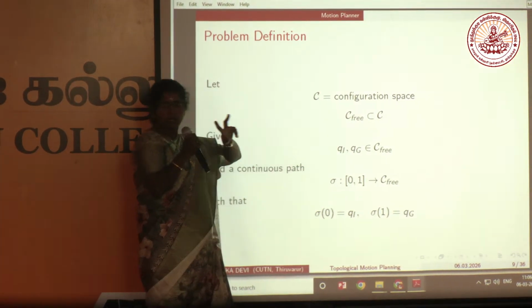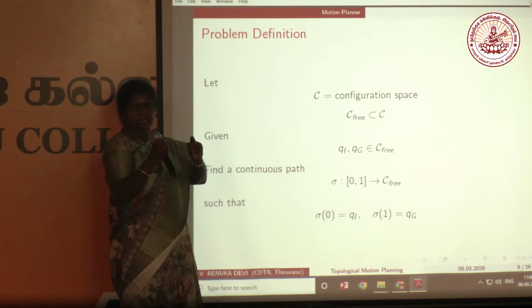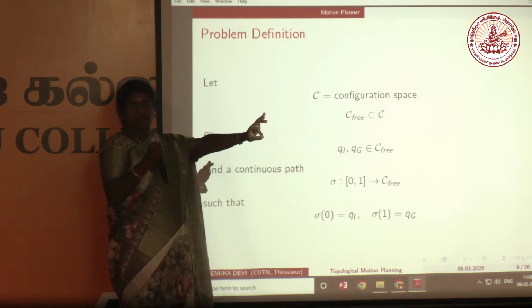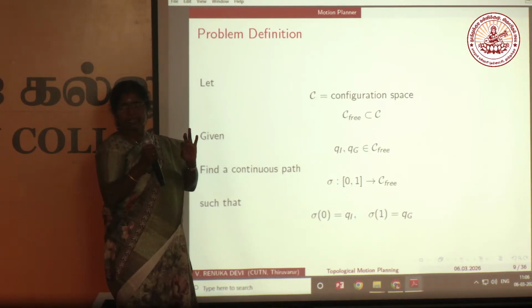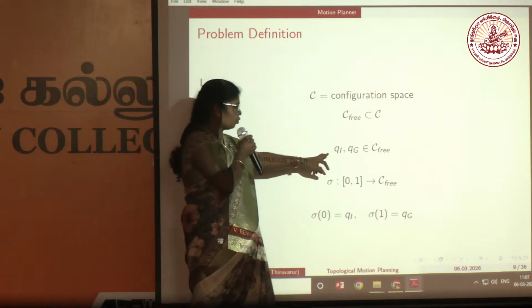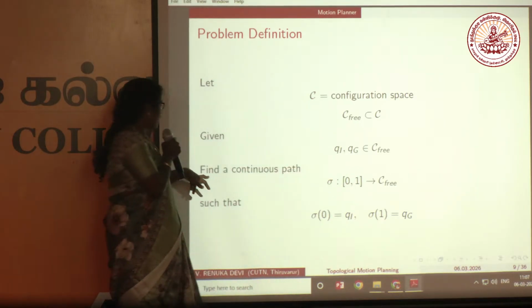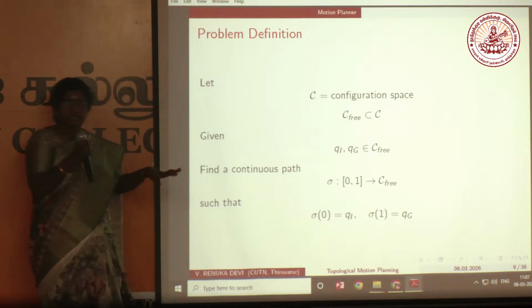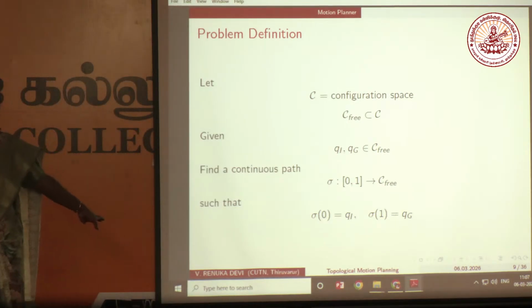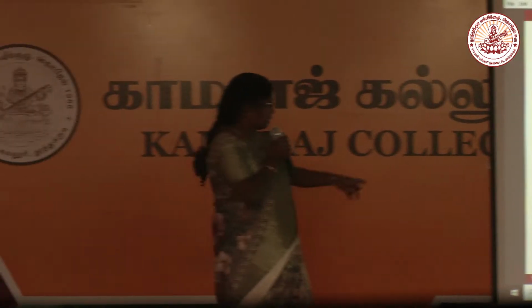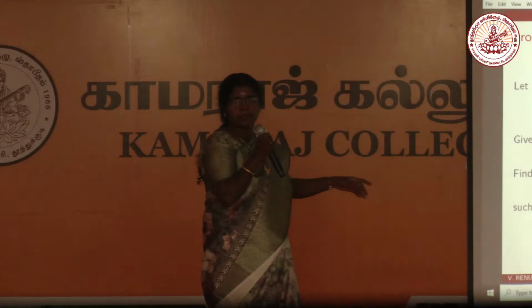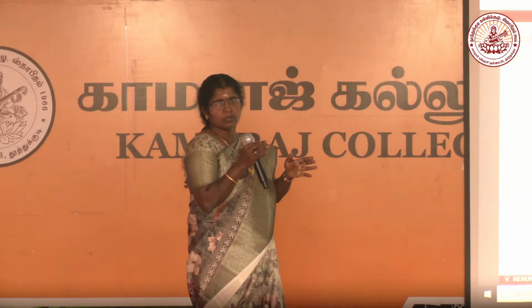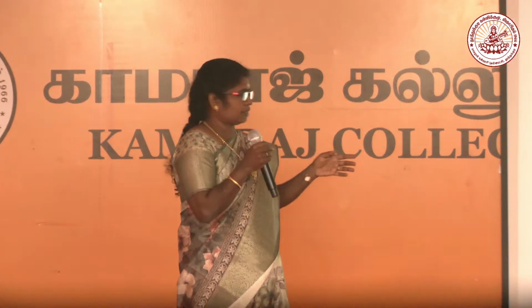We have two positions of the robot: we have to start from this and end at this, and we can move only in the free space. This is the topology now. We have to find a continuous path from the closed interval 0, 1 to the free space. This C free means free space.